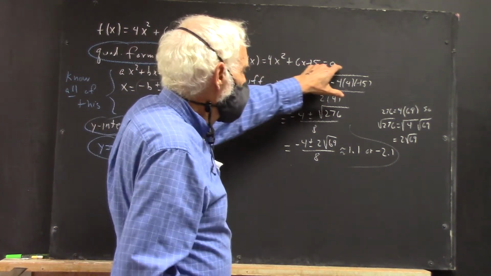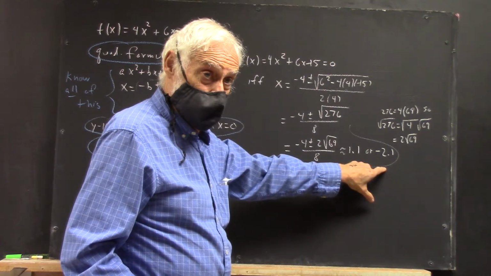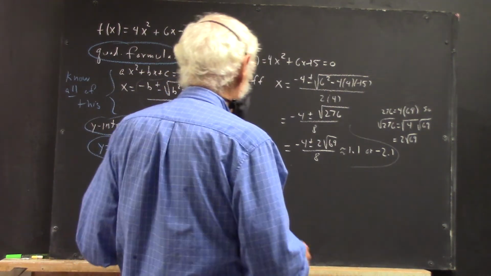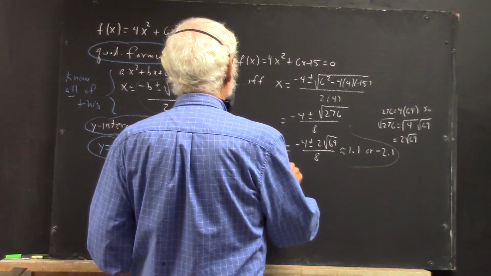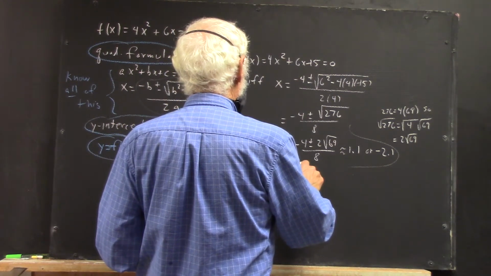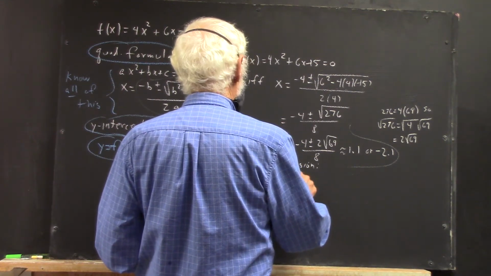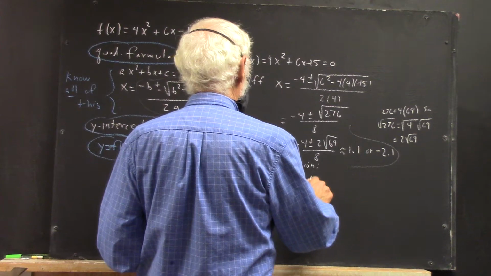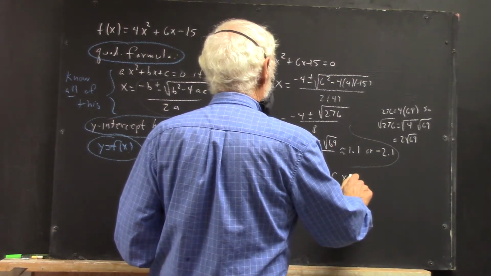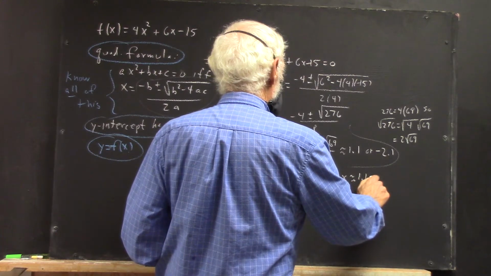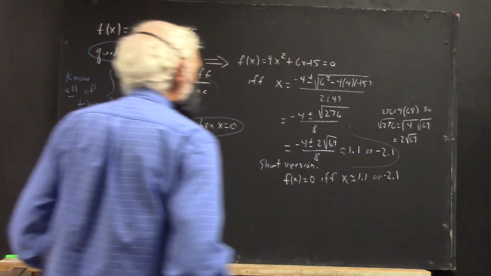F of x is 0 if x is one of these numbers. Okay? So my short version of my conclusion is this.